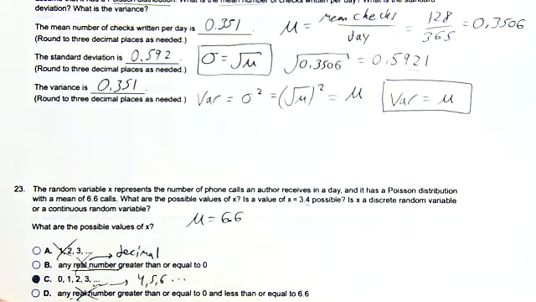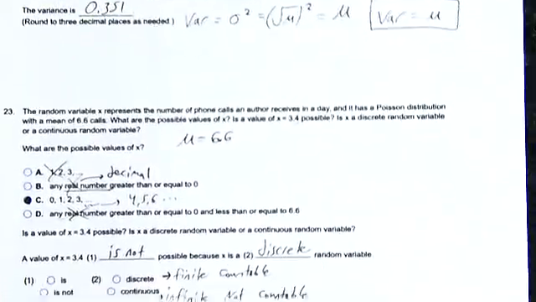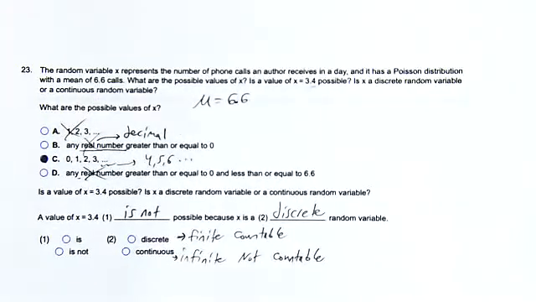So we recall that discrete numbers are ones that are finite and we can count them. Continuous are infinite and not countable. So continuous are things like decimal numbers, which there's an infinite number of numbers between 0 and 1.